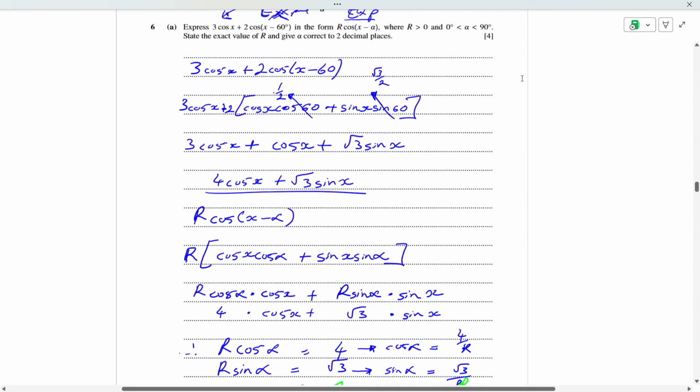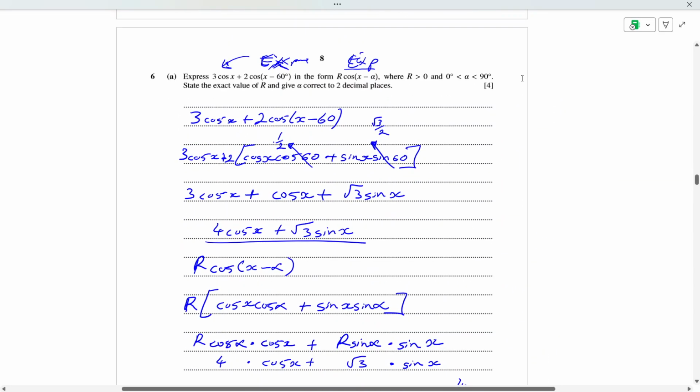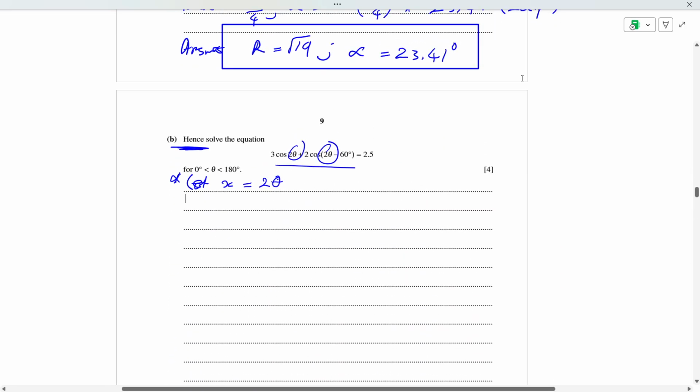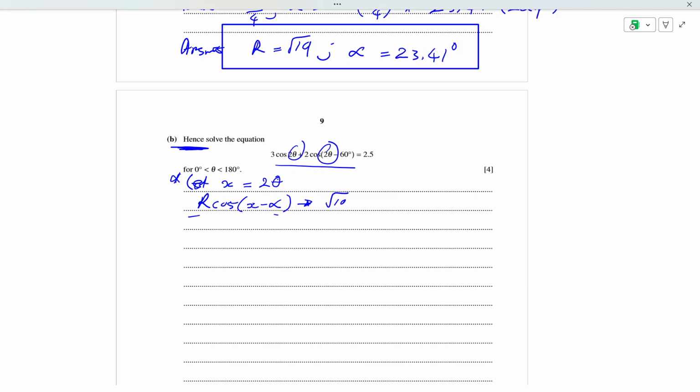So we use r cos x minus alpha. In this case, we're substituting the r and the alpha which you just found. So we have root 19 cos x minus 23.41 is equal to 2.5.